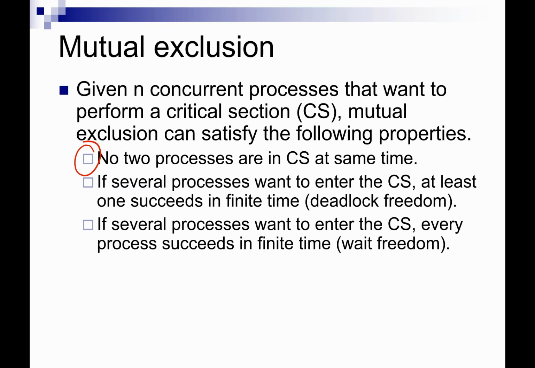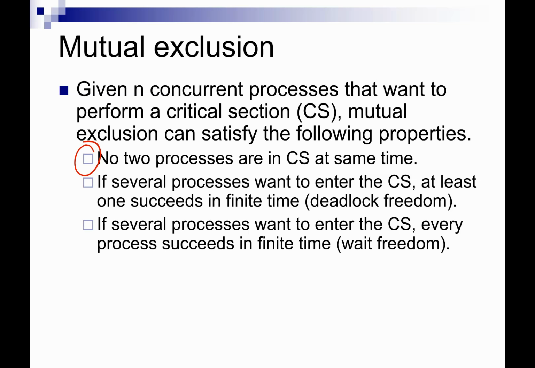Now you can ask for even more than that. You can require a stronger progress property, which is wait freedom. This one says that if several processes want to enter the critical section, then every process gets to enter in some finite amount of time. Deadlock freedom is just that there might be one process that can enter.